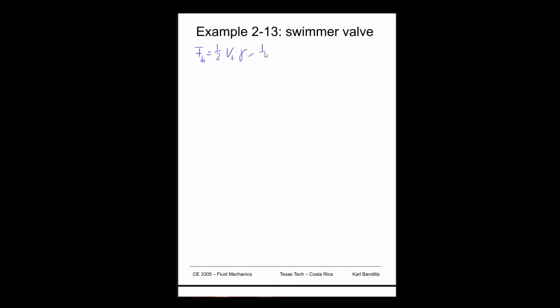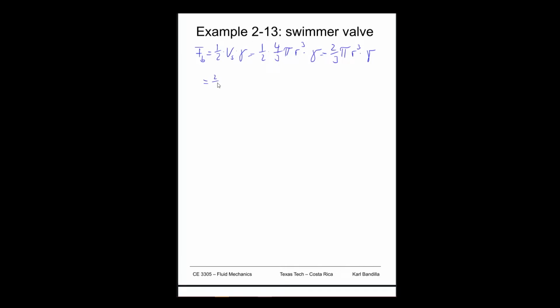That's 1/2 times 4/3 pi r cubed, which is the volume, times gamma. So those cancel out, and we have 2/3 pi r cubed times gamma.